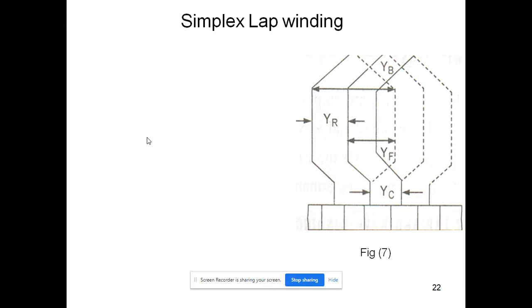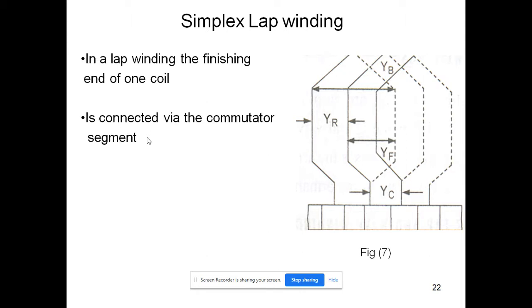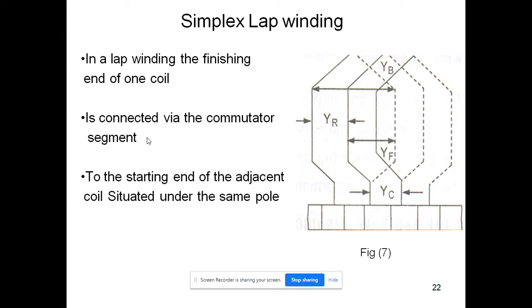Now let us see the simplex lap winding. In this simplex lap winding, the finishing end of one coil is connected via the commutator segment to the starting end of the adjacent coil situated under the same pole.